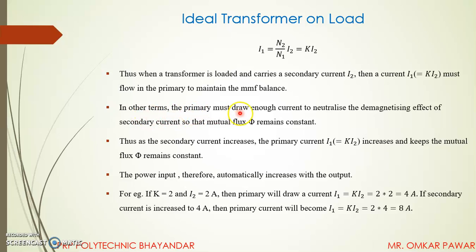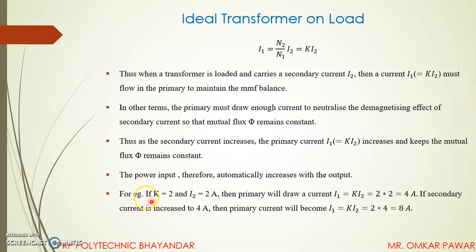In other terms, the primary must draw enough current to neutralize the demagnetizing effect of the secondary current so that the mutual flux phi remains constant. Thus, as the secondary current increases, the primary current I1 also increases and keeps the mutual flux constant. So the power input automatically increases with output.